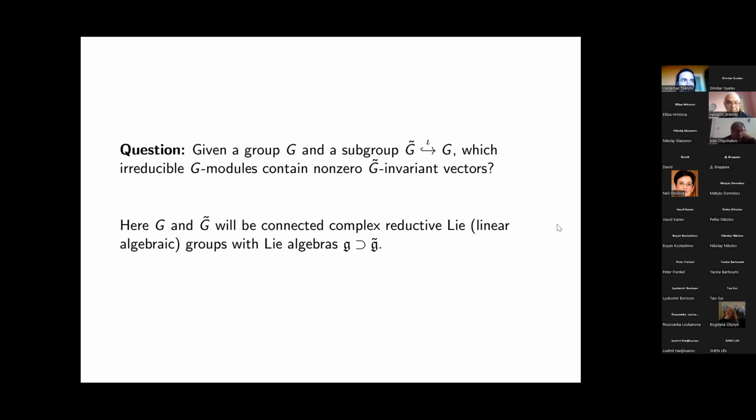What is a reductive group? It has many characterizations. One of them is a complexification of a compact group. And another one is a group over the complex numbers, all of whose finite dimensional representations are completely reducible.